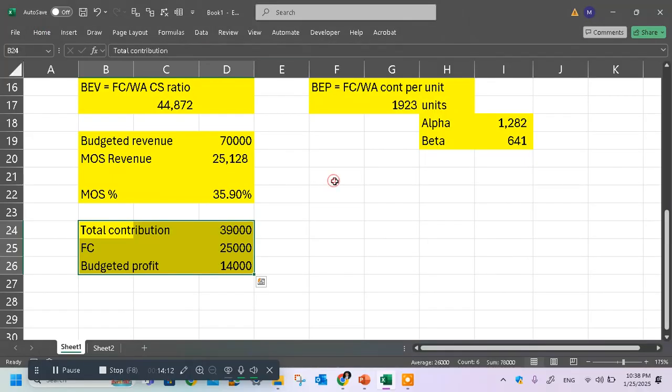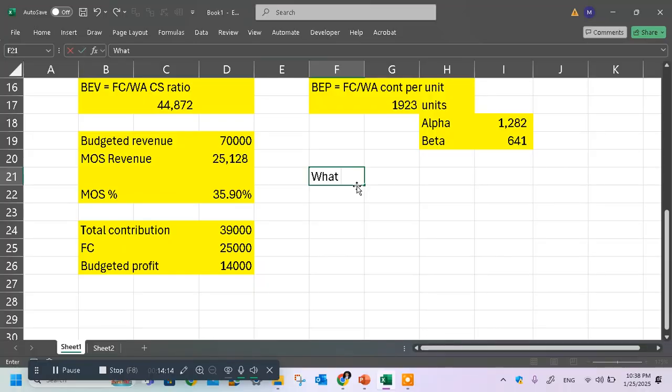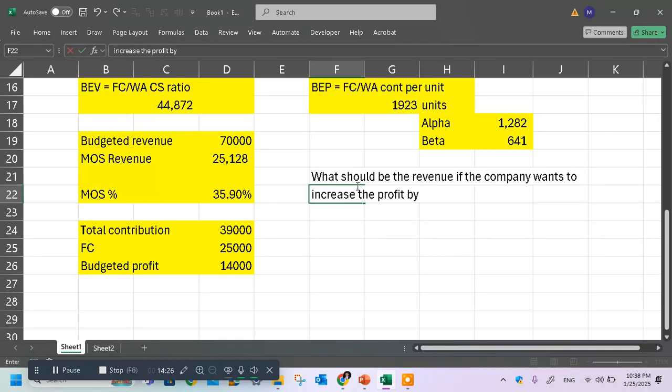Now let me ask you a question. What should be the revenue if the company wants to increase the profit by say 50%? So what is this?